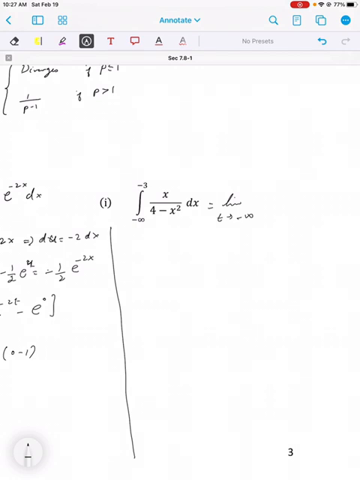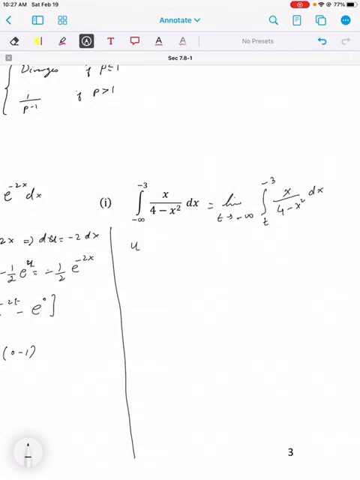I think with u substitution it's easy. So we will let u equal 4 minus x squared, then du will be equal to minus 2x dx, and you can figure out from here that dx is du over minus 2x. So we are only looking at this in pieces now. Remember, we will apply the limits later.